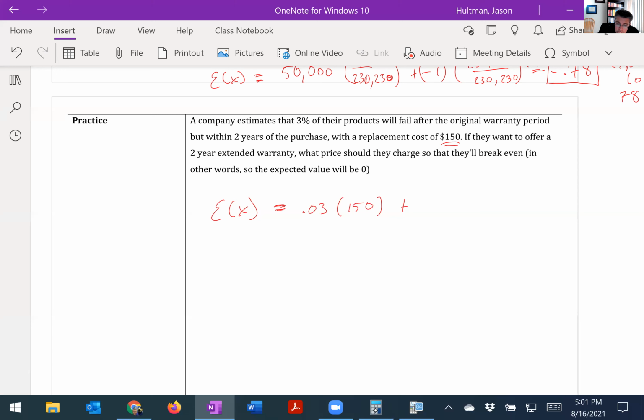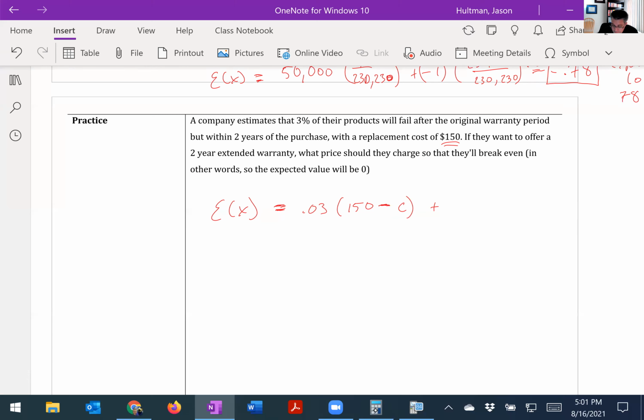However, make sure that I'm doing this correctly. However, it really is minus the amount of money that they would have collected from us. So that's minus C. Okay, so 150 minus C. That's the amount of money that they would have collected from us.